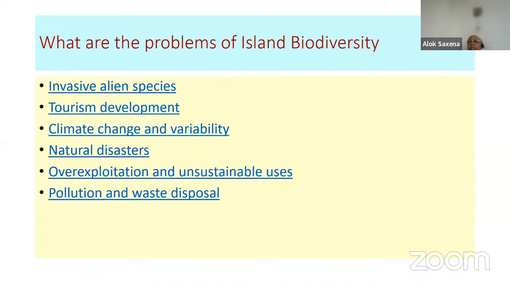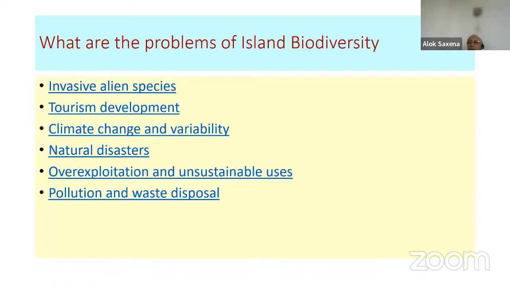By invasive alien species, human intervention on islands has caused havoc on many islands. New Zealand is one, Hawaii is one, many islands, even in Andaman Nicobar Islands, this is quite visible. When you introduce any invasive alien species, it creates ecological imbalance in the islands.